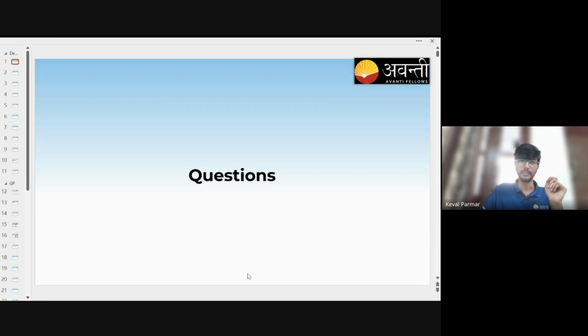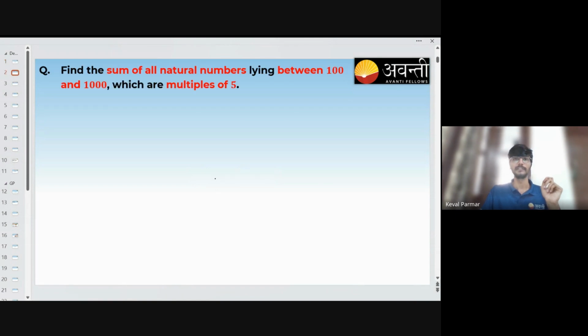Let's start with the next question. It says: find the sum of all natural numbers lying between 100 and 1000 which are multiples of 5. I hope you remember the formula of AP.